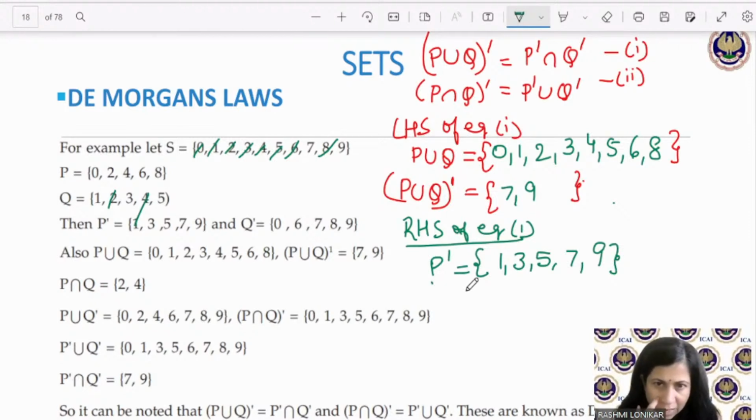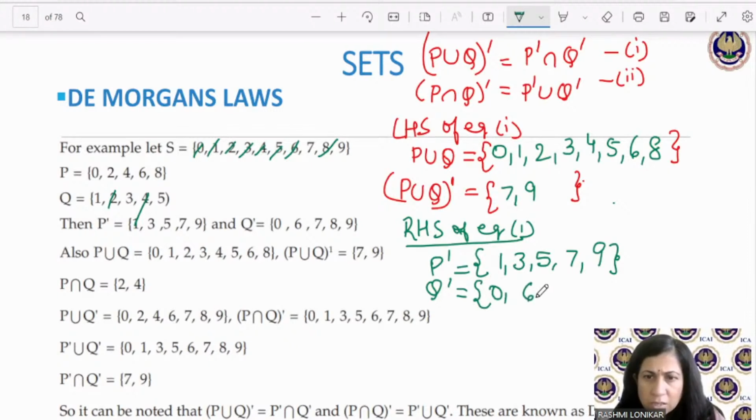What is Q dash? Q dash is all the elements in the universal set which are not present in Q. So let us see, Q is 1, 2, 3, 4, 5. So this is 0, 6, 7, 8, and 9.